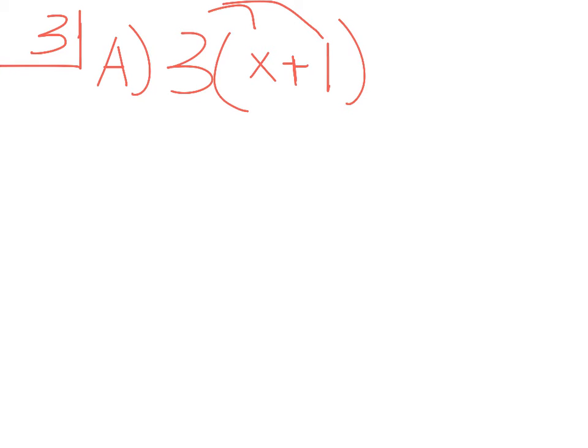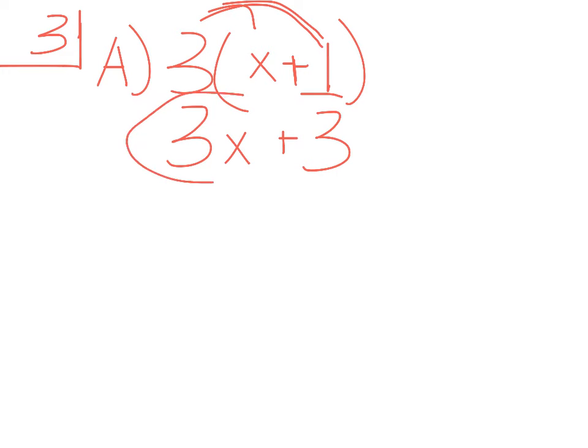So we're going to have 3 times x, which is 3x, and then we're going to have 3 times positive 1. 3 times positive 1 is positive 3, and that ends up being the answer. 3x plus 3. You could also write it as 3 plus 3x, and then there's a couple other ways with the double signs you could write it. But that's the answer for A.